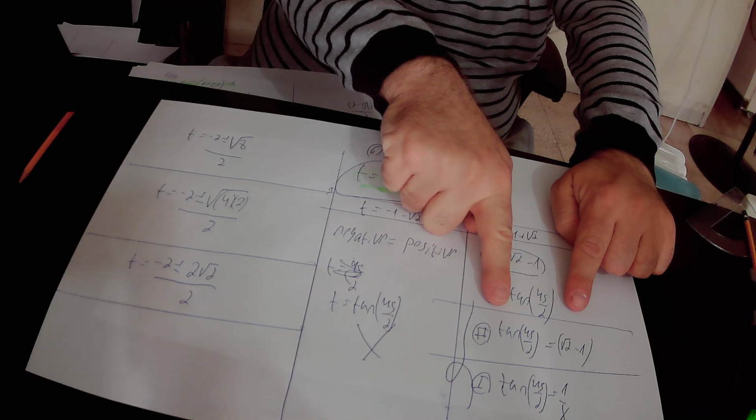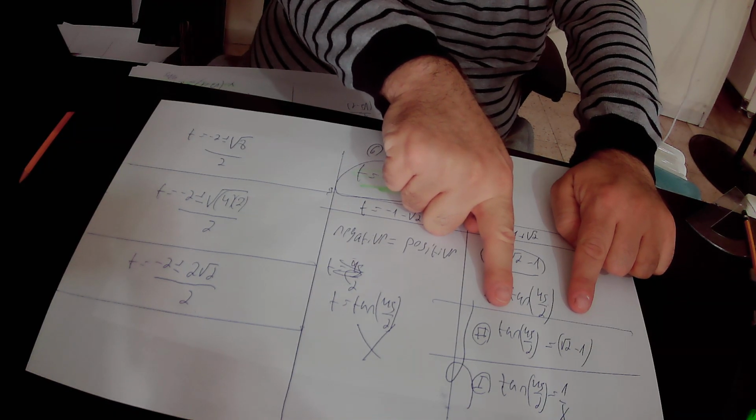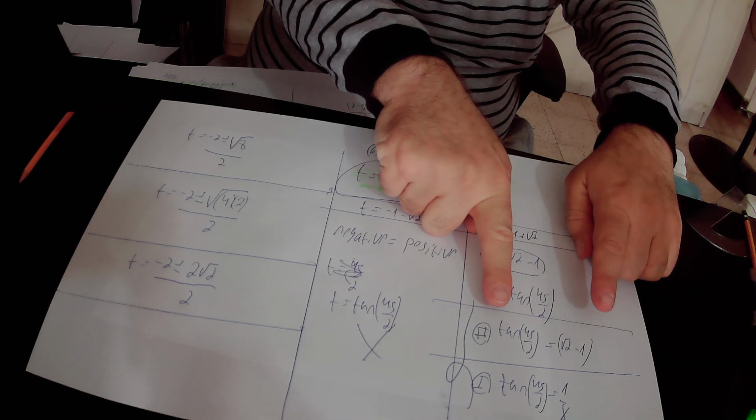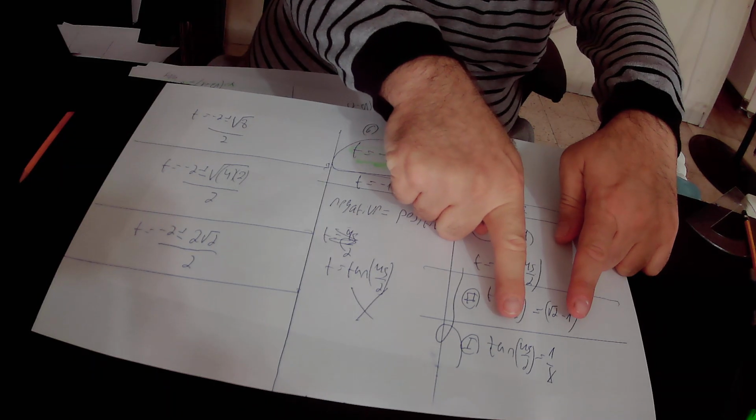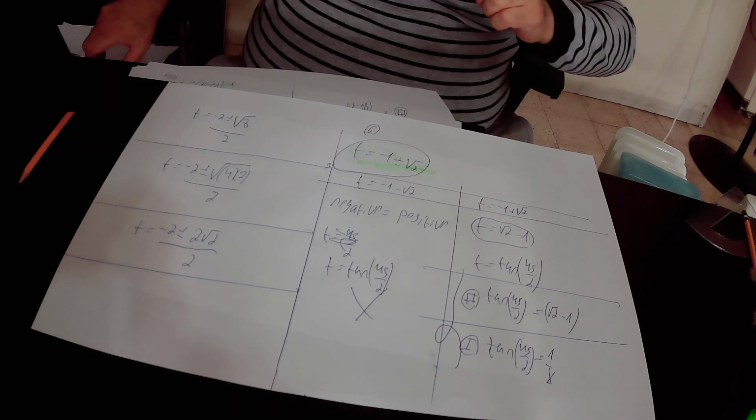So according to equation number 2, we found out that tangent of 45 over 2 degrees equals the square root of 2 minus 1 from one side. But from the other side, according to equation number 1, we have already found out that tangent of 45 over 2 degrees equals 1 over x.